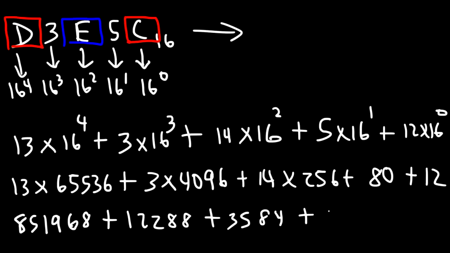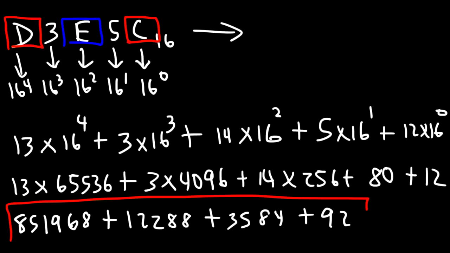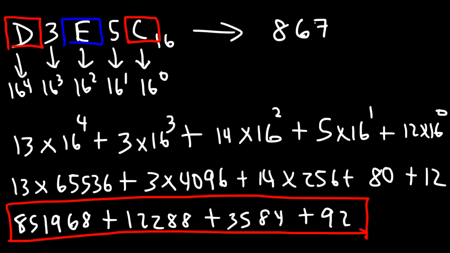And then 80 plus 12 is 92. So let's add these numbers. So the total sum that you should now have is 867,932. And so this is the final answer for this example.